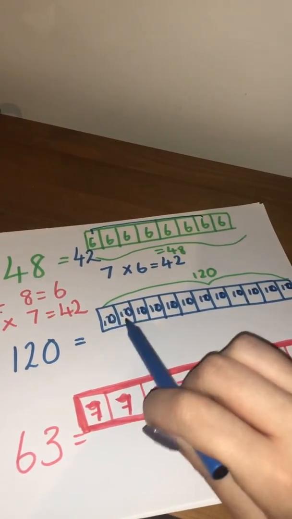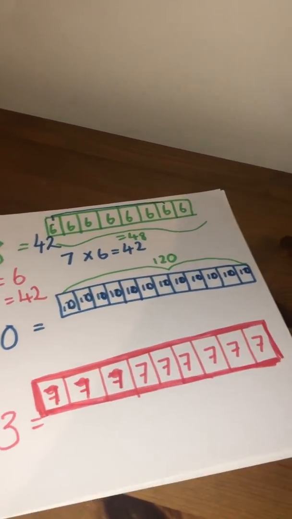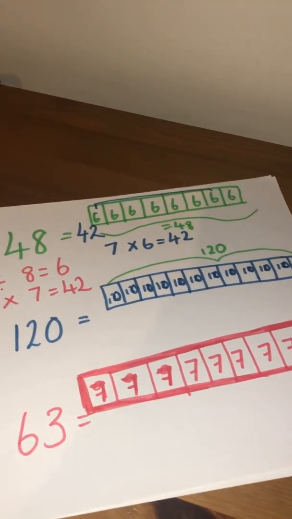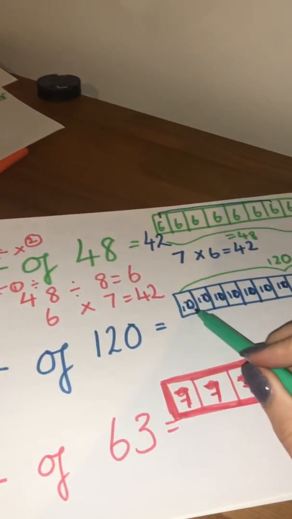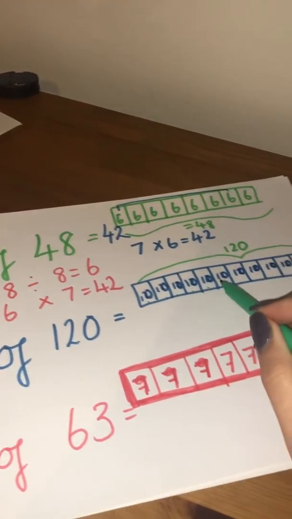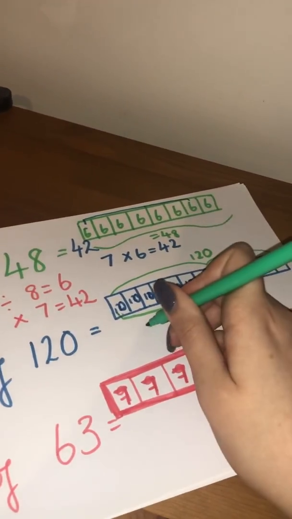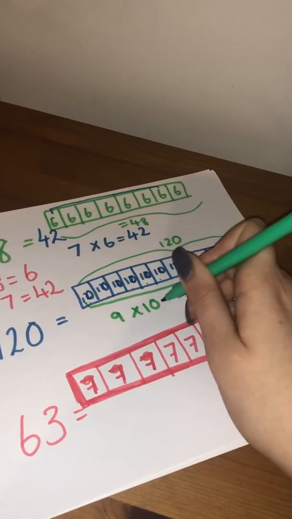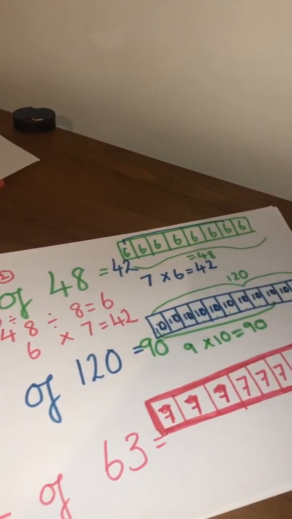Therefore, in my bar, it's going to be 10 in each bar, because I know that 10 times 12 is 120. Now the question asks me for 9 of those, so 1, 2, 3, 4, 5, 6, 7, 8, 9. So it wants those. Therefore I do 9 times 10, which gives me 90. So therefore my answer is 90.